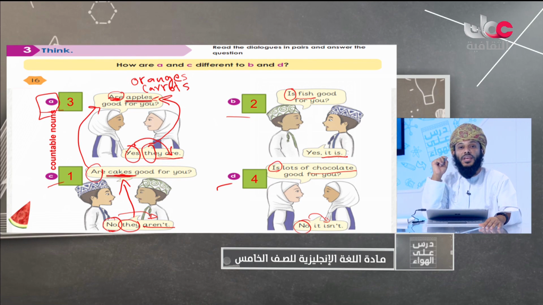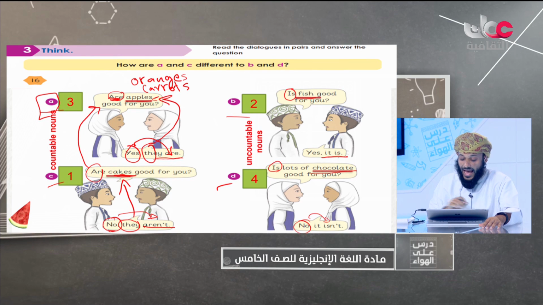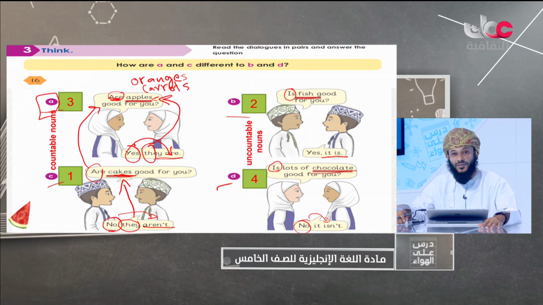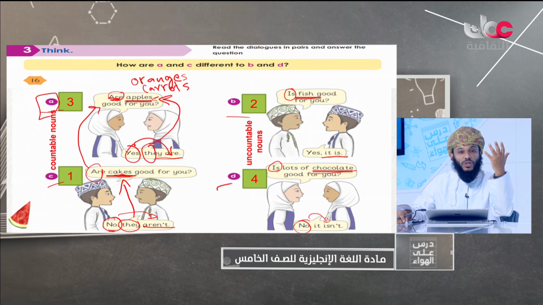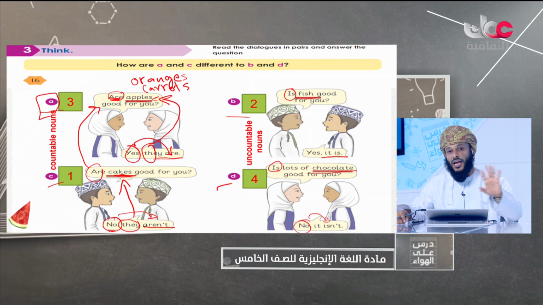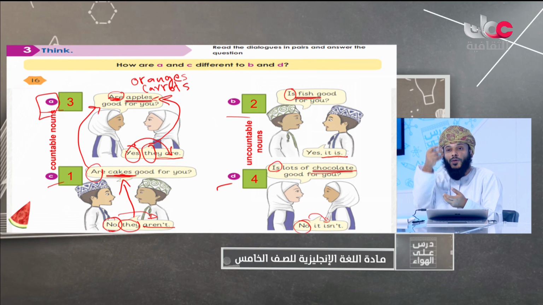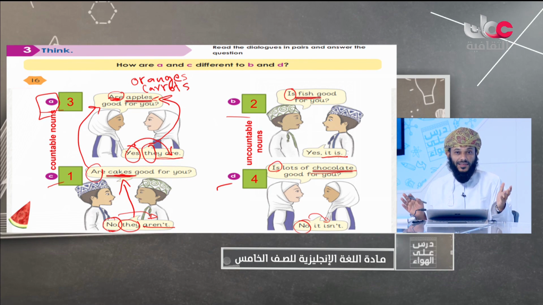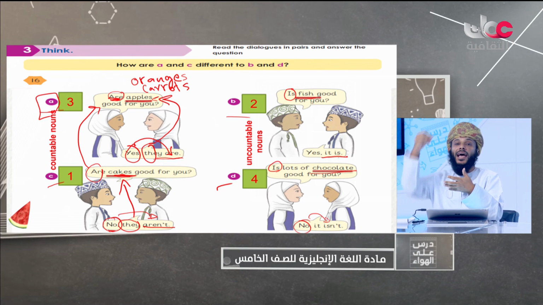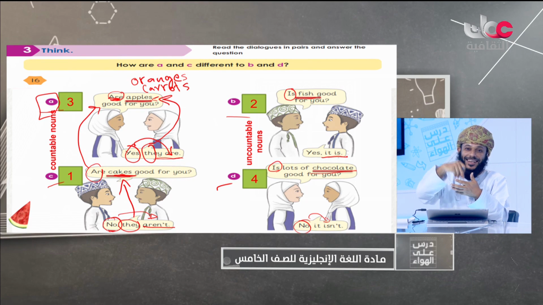Now, if we have uncountable nouns, the nouns which we cannot count, like sugar. Can we count sugar? Can we count oil? Can we count water? No, we can't. But we can put them in containers.